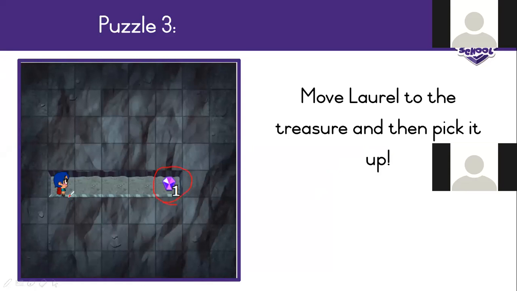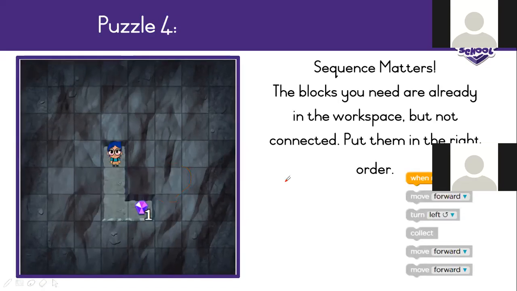Okay, so this is quite a straightforward puzzle, quite an easy one. You are going to move 1, 2, 3, 4 blocks, and then only will you use the pick block. Let me just quickly see.